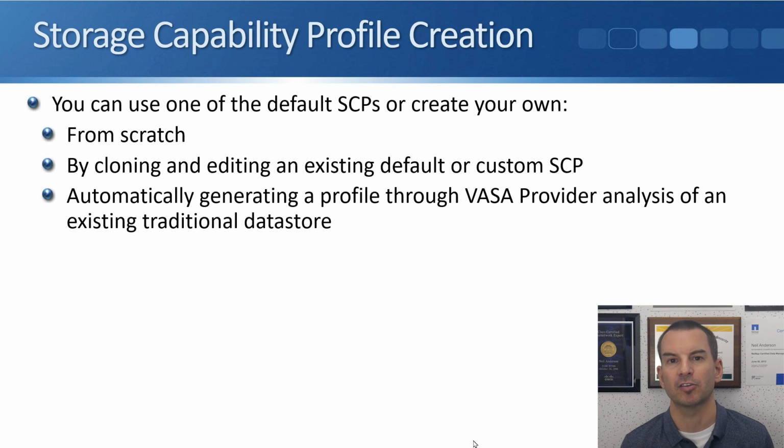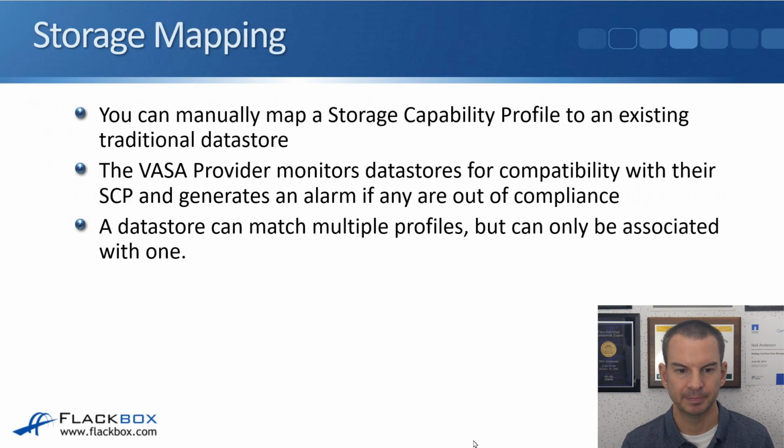So because you've got the VASA provider there, the vSphere client can query the ONTAP storage to find out the capabilities of the storage. For example, does it have deduplication enabled? Is it thin or thick provisioned, and so on? So it can query the capabilities of that data store, and then it can automatically generate a storage capability profile based on those discovered capabilities.